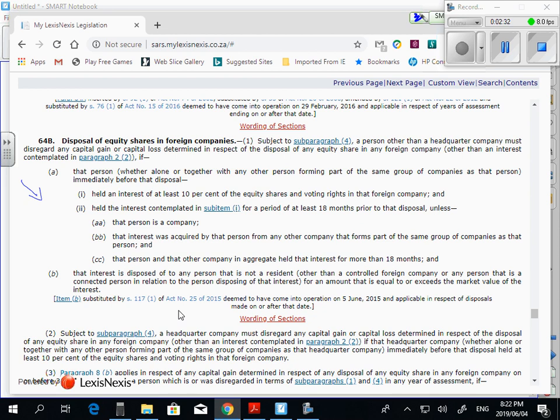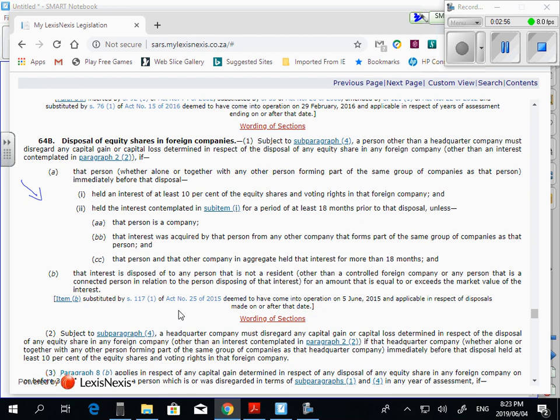So if you ever see a sale of shares in a foreign company, you should come and have a look here. Does everybody understand that? I've already said to you, guys, if you sell local shares at a loss and there are dividends in and around the period of sale, you've got paragraph 19(1)(b). Everybody happy?